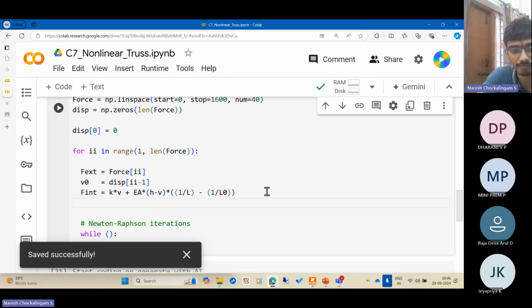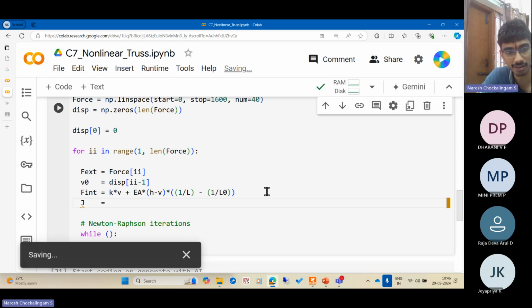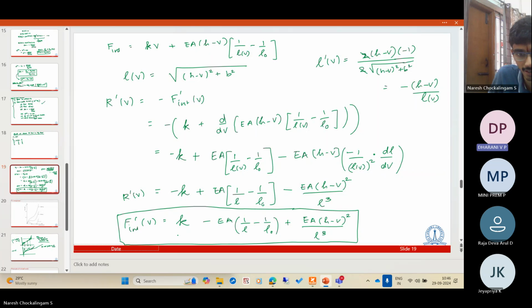What is the derivative? Also, let me call the derivative of F internal as some J for Jacobian. Right? I'll tell you why it is J. And what did we compute it as? This thing, right? K minus EA into this thing plus this.